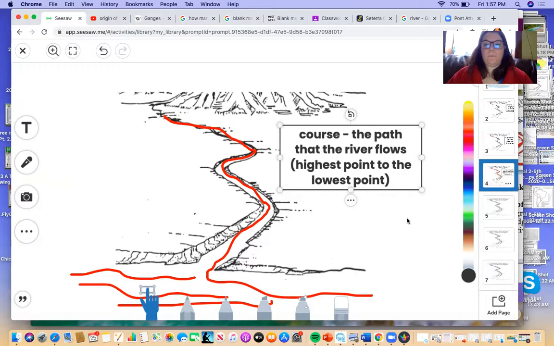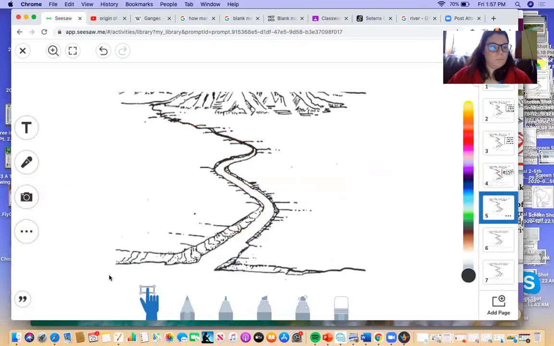Okay. So next, the next part we're going to talk about is right here. You can see this area right next to the river and right next to the land, this area right here. And that is what we call the bank of the river.